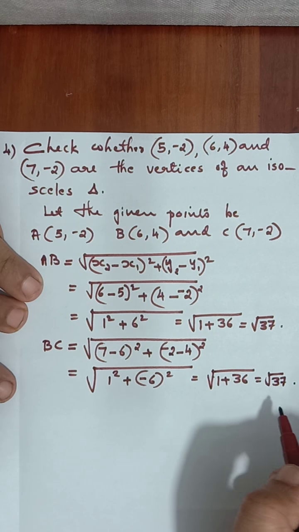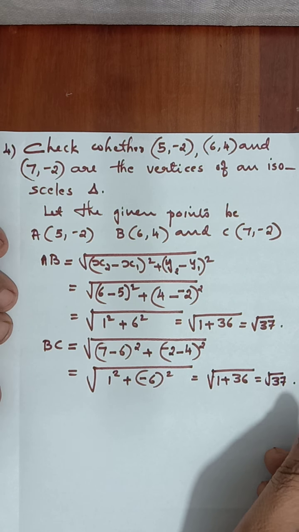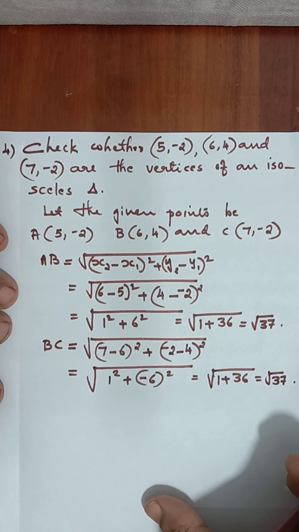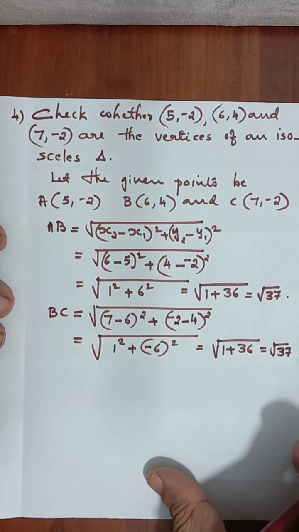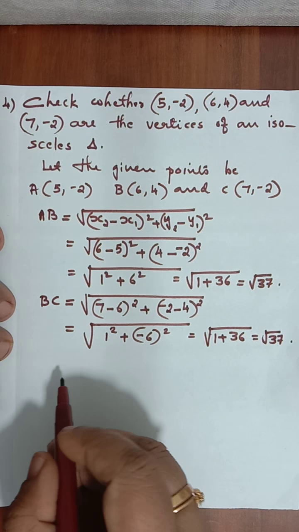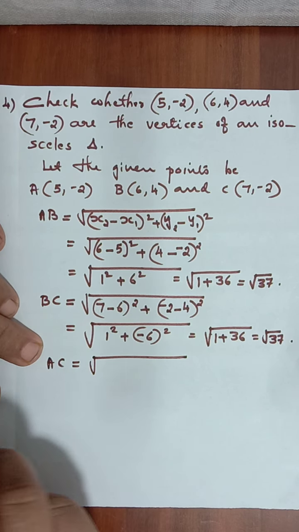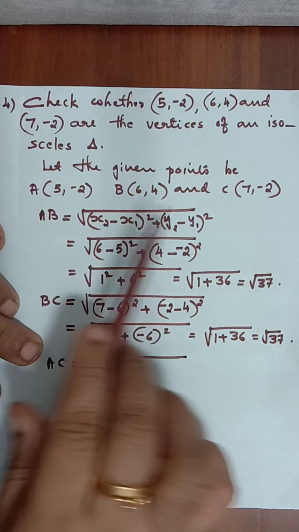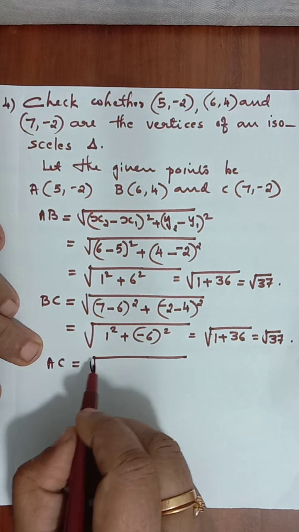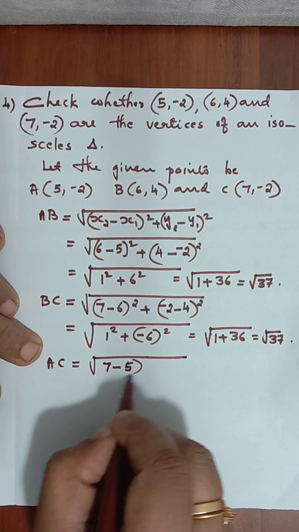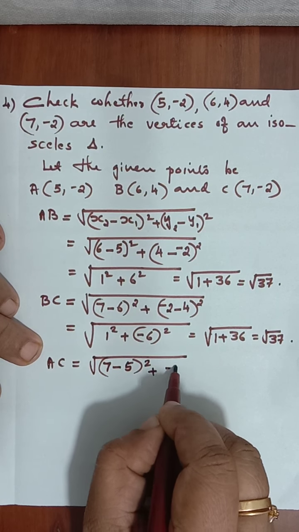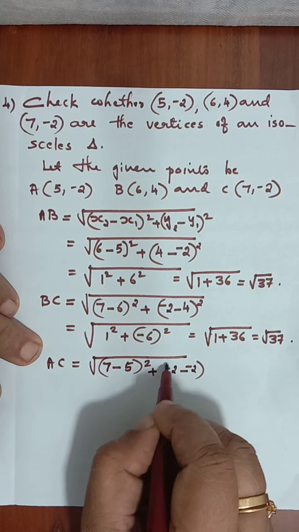By seeing these two equal, don't be satisfied. You have to prove that they are non-collinear, then show that these two sides are equal. So let us find out AC also. AC, first coordinate for it is A x1 y1, C x2 y2. So x2 minus x1 whole square plus y2 minus y1 whole square.